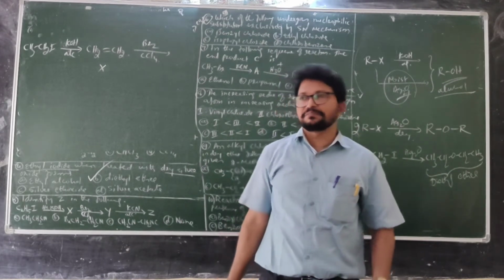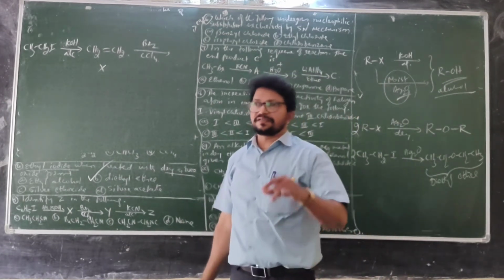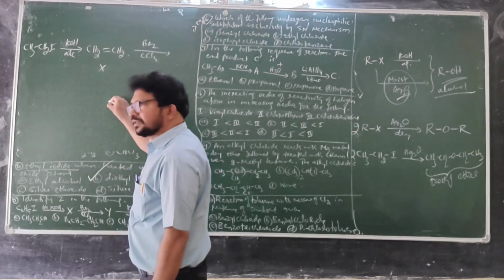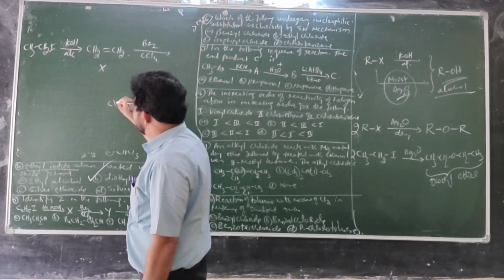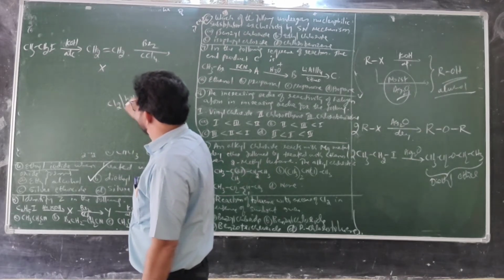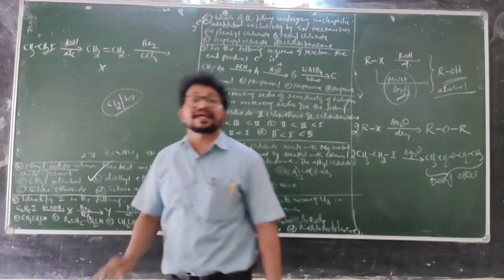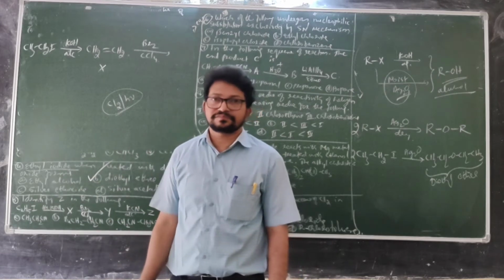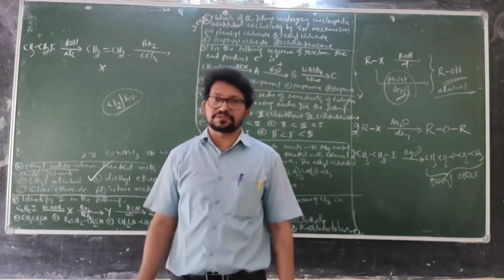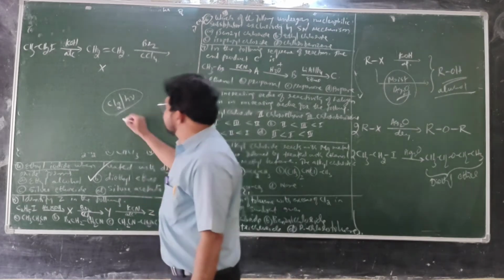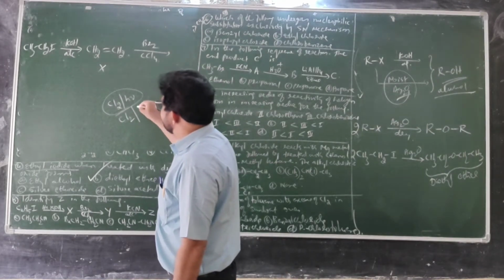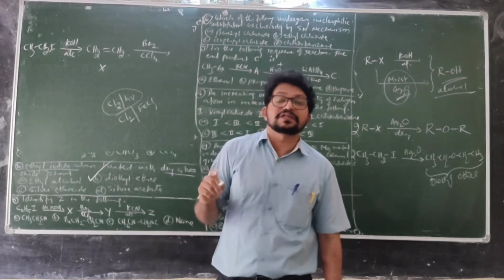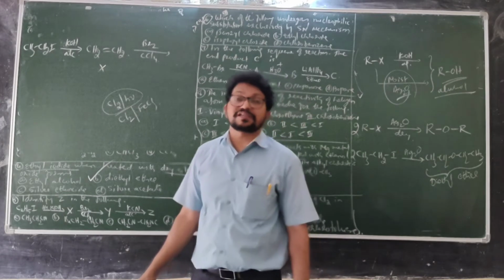So you must be knowing one important thing. When there will be addition, I will tell you all these things. For example, you can take chlorine also or bromine. Chlorine or bromine in sunlight, this is free radical mechanism and substitution reaction. For example, hydrogen can be substituted by chlorine. The same chlorine in presence of some halogen carrier, this is electrophilic substitution to the aromatic ring.